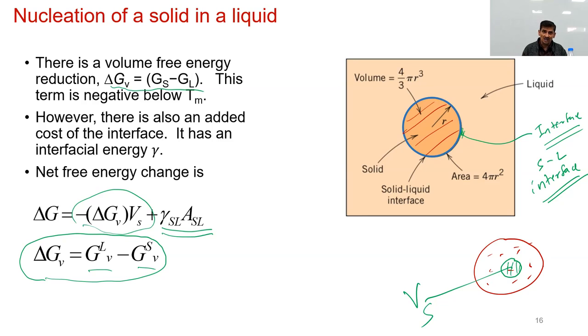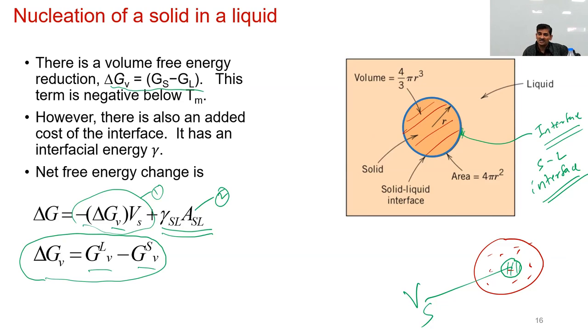So there will be two terms in the net free energy change associated with the formation of this cluster: a volume free energy reduction, and the opposition term, which is the formation of this interfacial energy. These are the two basic things which happen when a cluster forms inside a liquid.